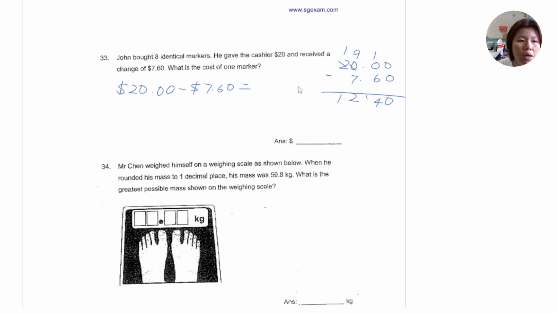So my markers is actually 12.40. So this is 8 markers. So 1 marker, I can take 12.40 divided by 8.